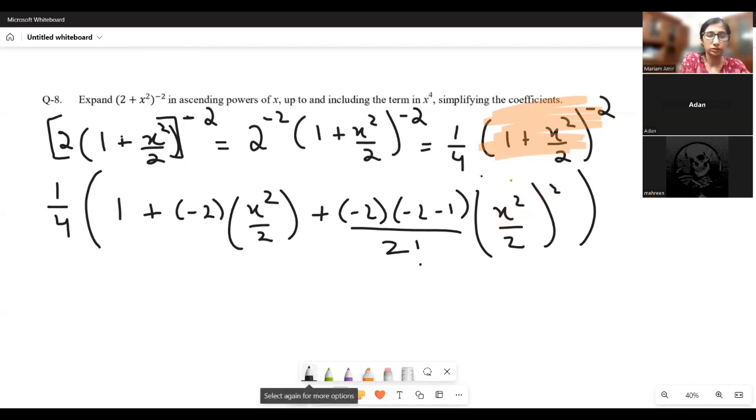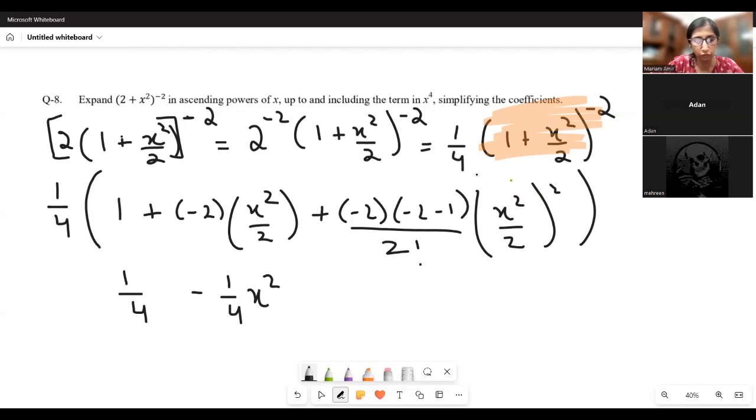So we stop our expansion and we get 1/4, and 2 and 2 get cancelled. So we have minus sign here, and then we have minus 1/4 x squared, and then minus 2 times (minus 2 minus 1) divided by 2 factorial and divided by 2 square as well, which is 4.